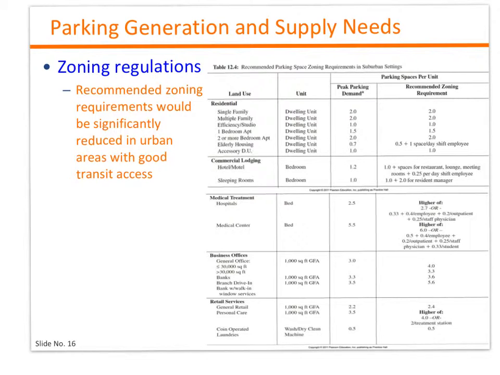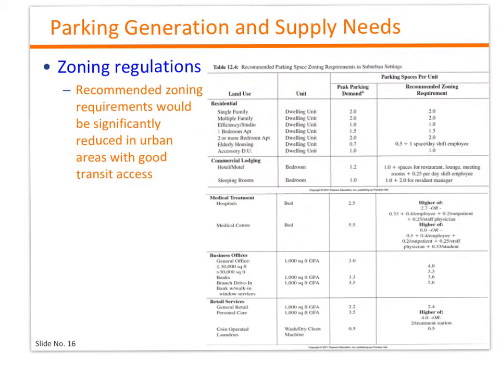This is to give you an idea that we are trying to connect the minimum zoning requirements to the number of employees, outpatients, and staff physicians working at the facility.